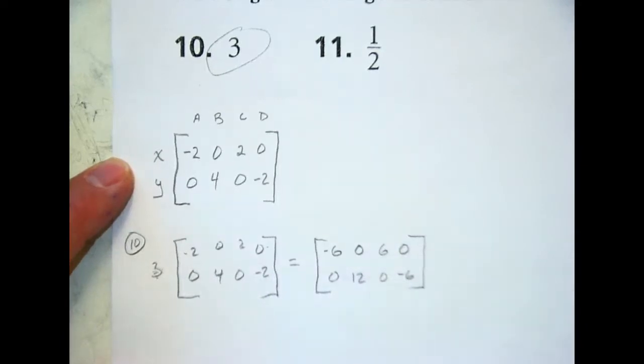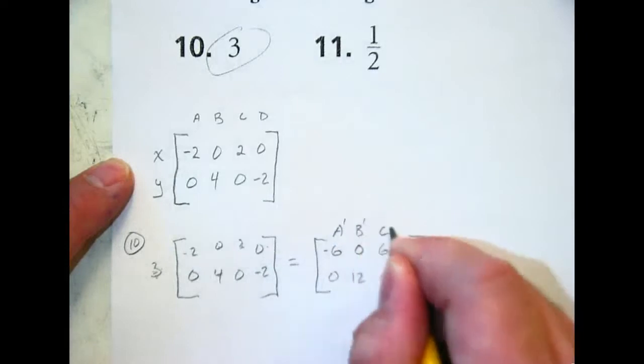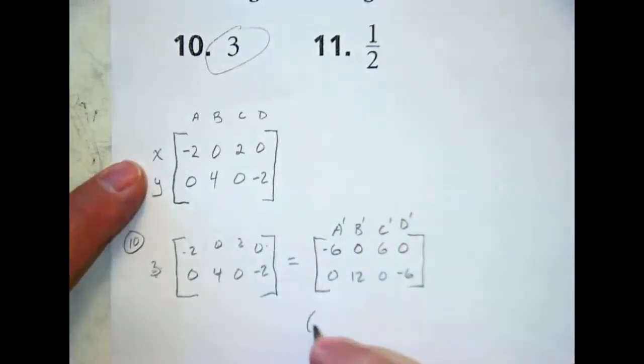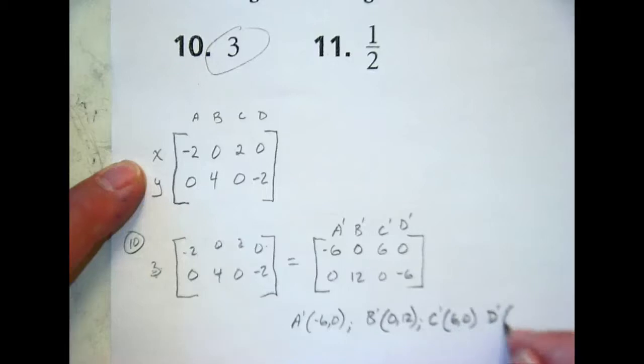So my new figure, A prime, B prime, C prime, and D prime, are at those coordinates. Or the ordered pair, A prime is negative 6, 0. B prime, 0, 12. C prime, 6, 0. And D prime, 0, negative 6.